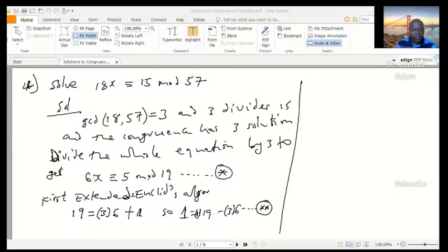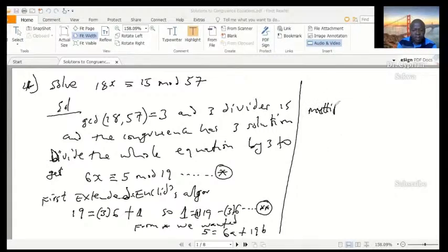But what do we want from star? From star we wanted something like 5 equals 6a plus 19b, where a would then be the solution. So we just multiply double star by 5 to have what we want.